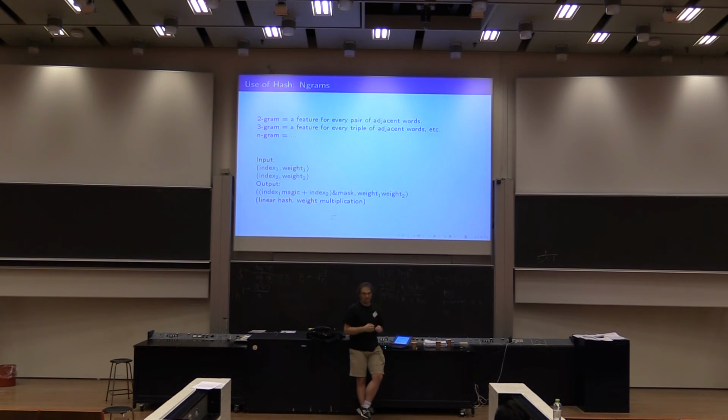Yeah? You mentioned that one problem was these adversaries, and this hash is entirely deterministic. Isn't that a danger for randomization? It's a danger. It's not a danger which I think has been realized yet. I think using a randomized hash is a very reasonable thing to do. This is what's being used right now.